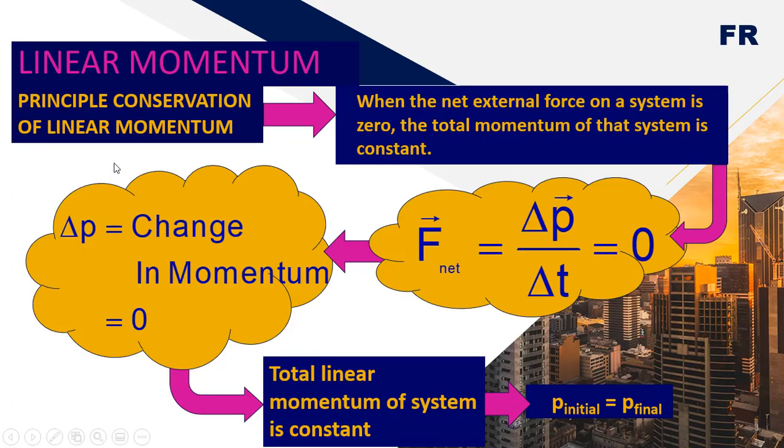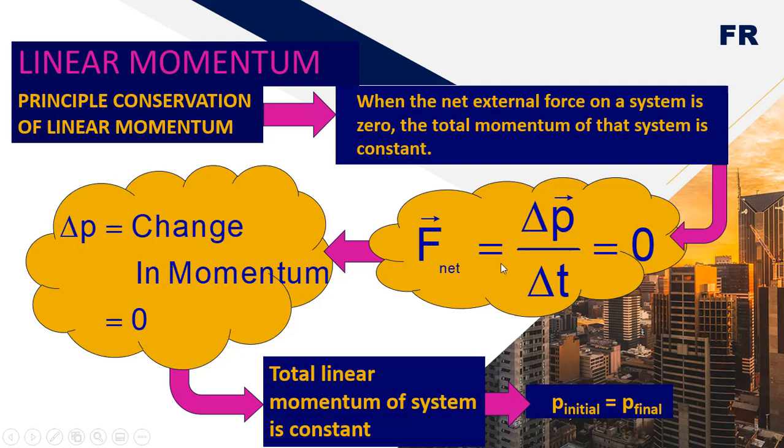Okay, now we come to one of the important principles in physics, that is the principle of conservation of linear momentum. This principle states that when the net external force on a system is zero, that is F net equal to zero, the total momentum of the system is constant. Okay, so the statement we can write in equation form as shown here.